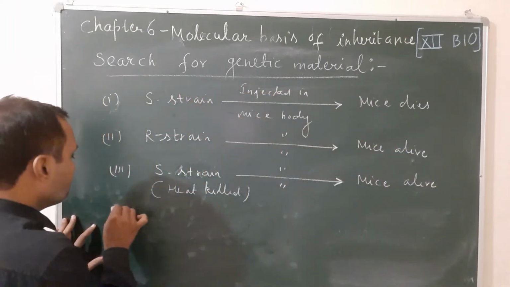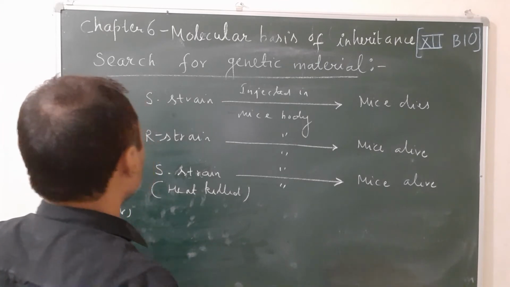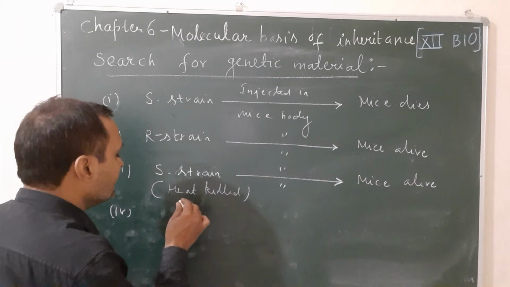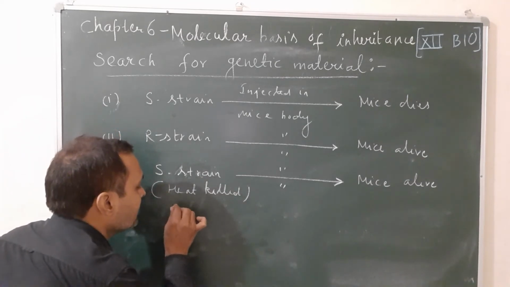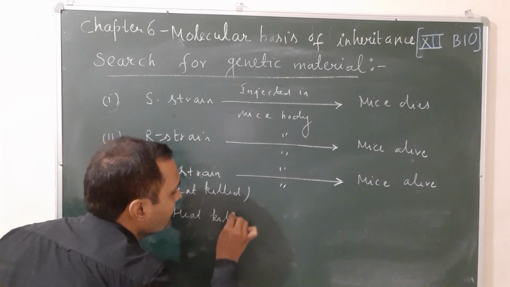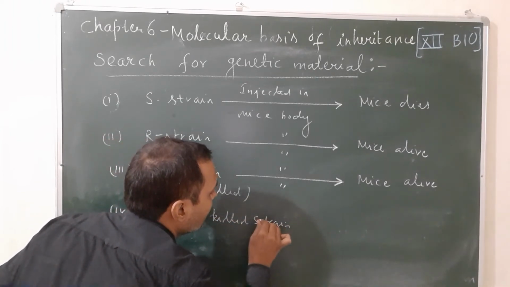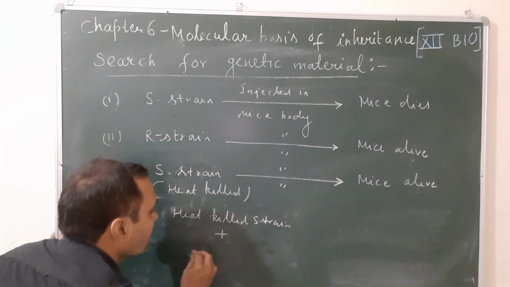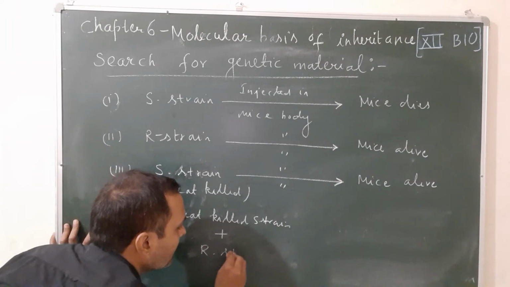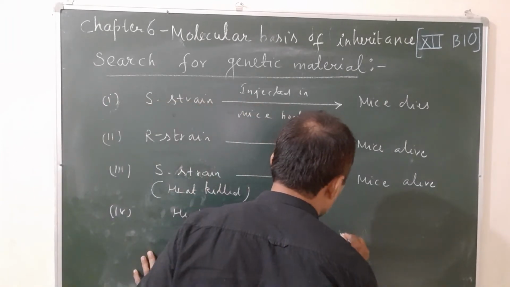Now in the fourth step, he took the mixture of heat-killed S strain and normal R strain and injected it into the mice body.